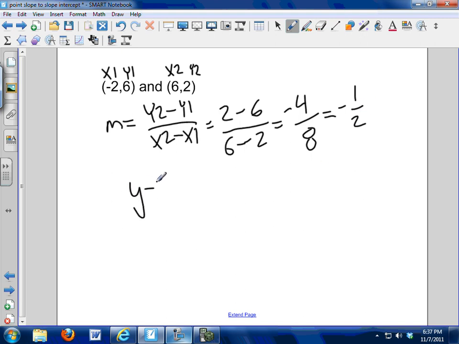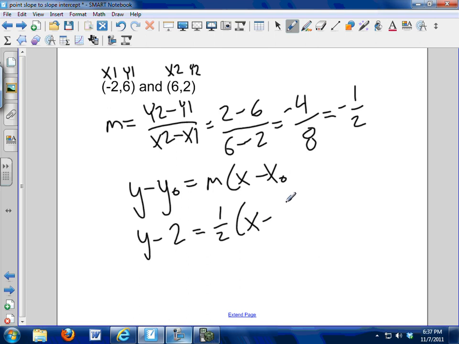So point-slope equation: y minus y0 equals m times x minus x0. Pick a point you like. I would go with the 6, 2 just because I don't want to have to deal with negative numbers. Fill in what we know: y minus my y coordinate, which is 2, equals negative 1/2 times x minus my x coordinate, which is 6.